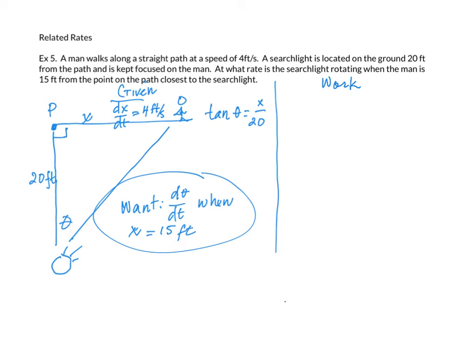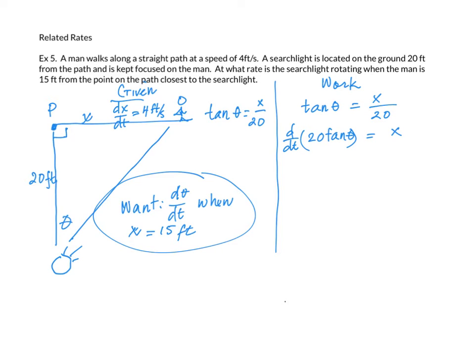We are going to start with the equation describing the picture, which is tangent theta equals x over 20. So 20 tangent of theta equals x. Now we need to differentiate both sides with respect to time because we want the rate with respect to time.